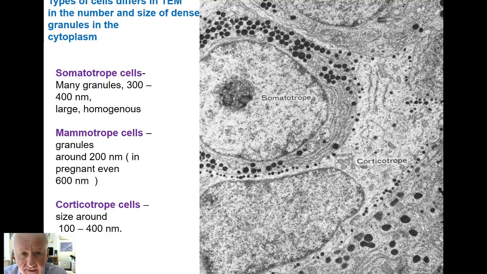And now we can distinguish slightly the types of cells also thanks to the electron microscopical pictures, the electronograms, because the size is important and density of the granules. So thanks to the size of the granules in nanometers, we can also slightly distinguish, for example, you see the somatotrope cells, you see the granules in this very nice moment, yes, in the cytoplasm.